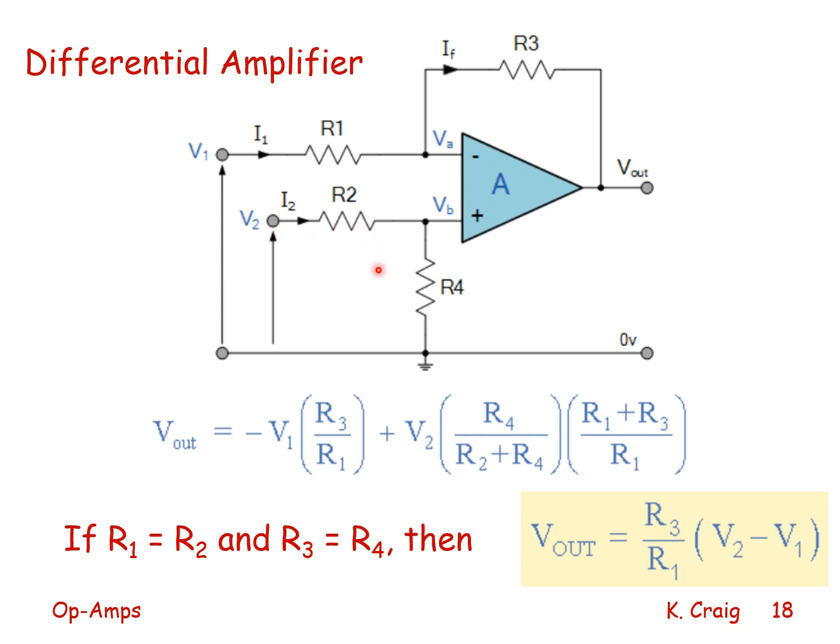Performing the algebra, we get this relationship for V out as a function of inputs V1 and V2. If R1 equals R2 and R3 equals R4, then V out is equal to R3 over R1 times V2 minus V1.